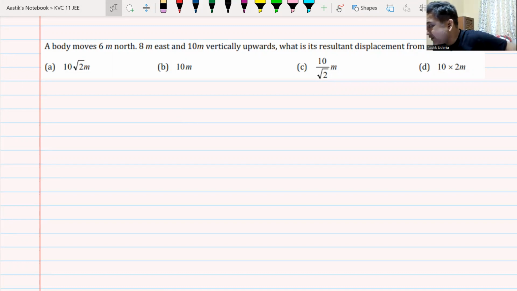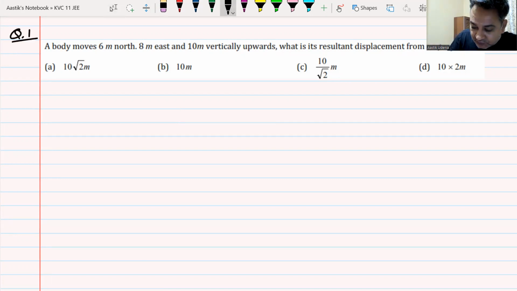They're asking you the magnitude of displacement. Okay, I see thumbs up from everyone. Let us wait for the correct answer. This is question number 1 from your DPP sheet.